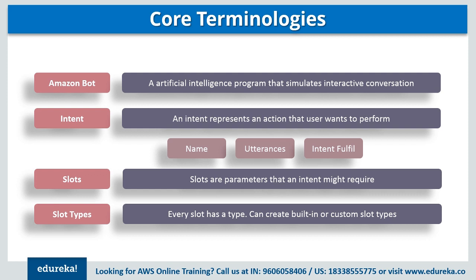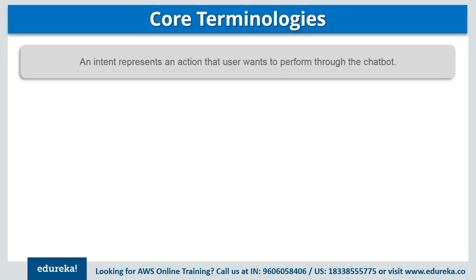Next, we have intent. Now, intent, as clear as its meaning, is what you want your bot to do. It is the purpose that your bot is intended to serve or perform. So let's take, for example, you are creating a bot for a food place. This is a very rudimentary example. So it's a pizza place which also serves sides. All right. So this is what your bot is going to look like.